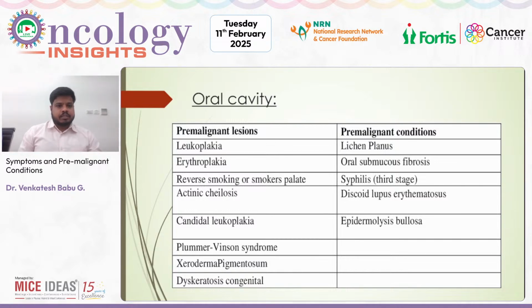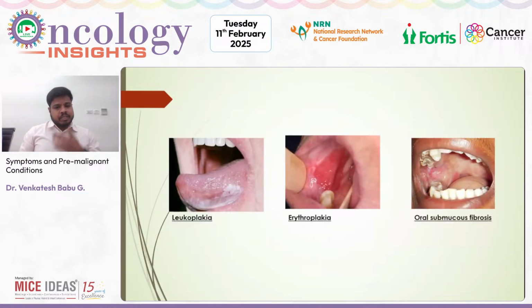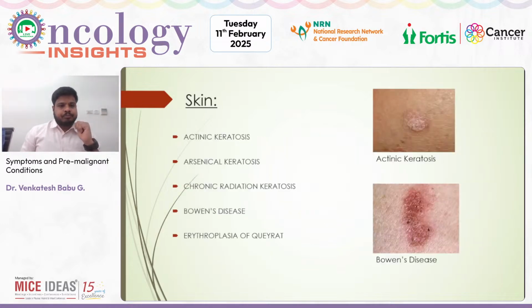All those things can be present. And these are some pictures of pre-malignant lesions. First, as you can see, it is a white patch over the tongue, which is leukoplakia, and erythroplakia, which has the highest risk of malignancy, and oral submucosal fibrosis, which when severe can cause even difficulty in opening the mouth.